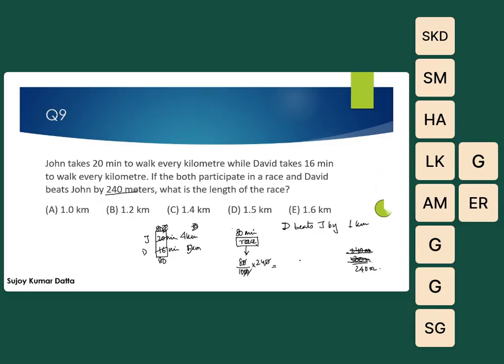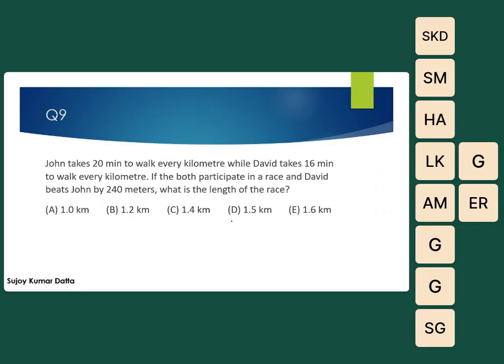Sorry, did I make a mistake somewhere? Oh, sorry. The question is the length of the race. I was calculating the time. Oh, okay. That was not necessary. I didn't see the question at all. So let me redo it.